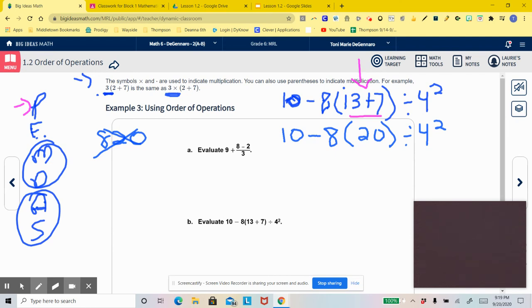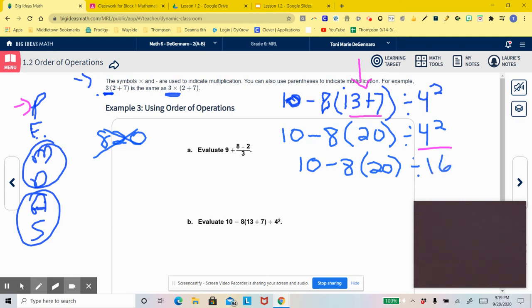Here, there is no operation where that 20 is, so that means this is just multiplication, so that is not considered parentheses. So we're with exponents. We're going to underline the exponents, change the color, and write 10 minus 8, keep that parentheses, times 20, divided by 4 squared, which is 16.